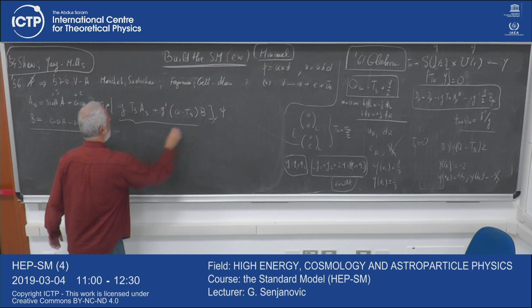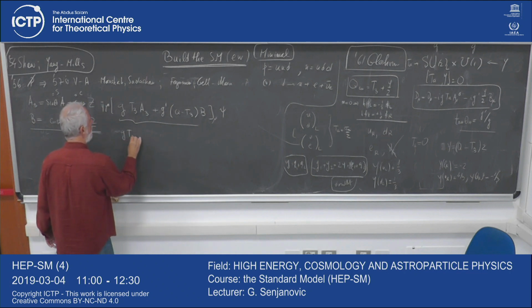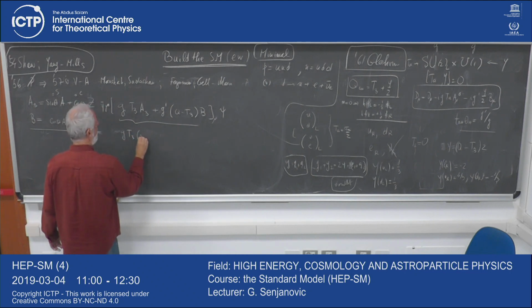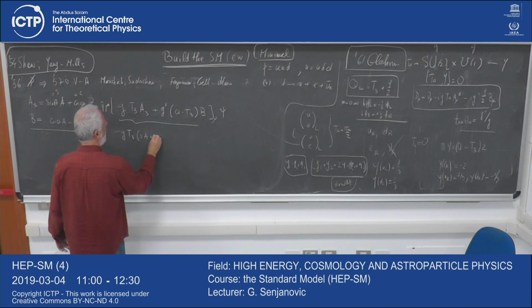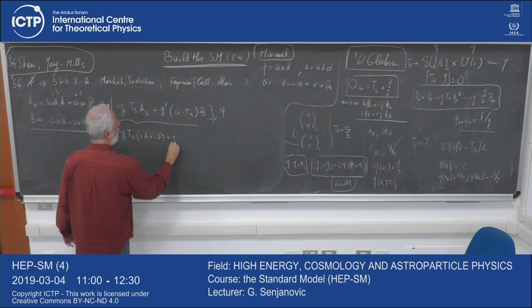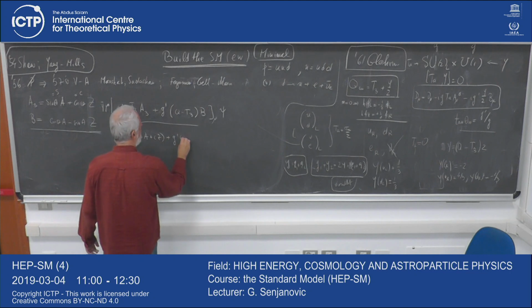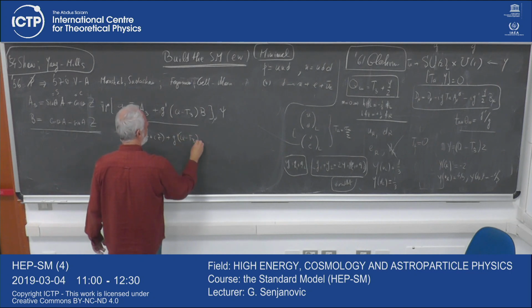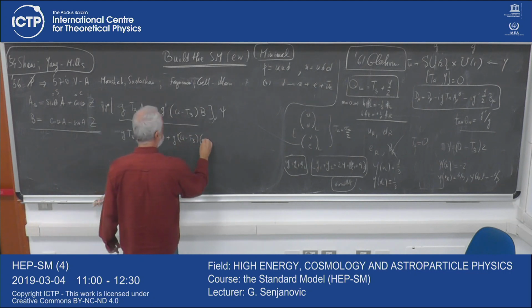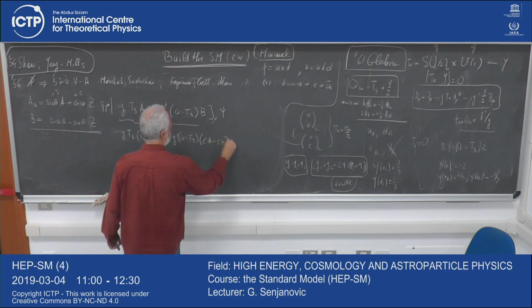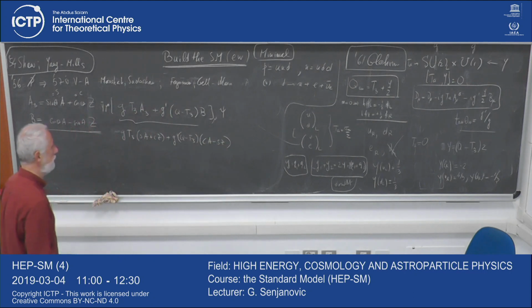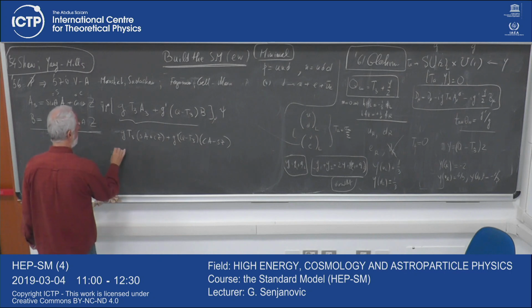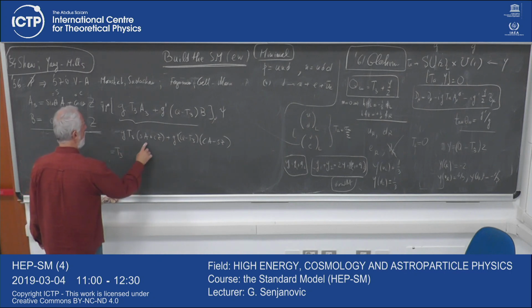So we are just carrying this. This is g T3 times A3, which is S A plus C Z, plus g prime, Q minus T3, and this is C A minus S Z. T3. Let's look at A.